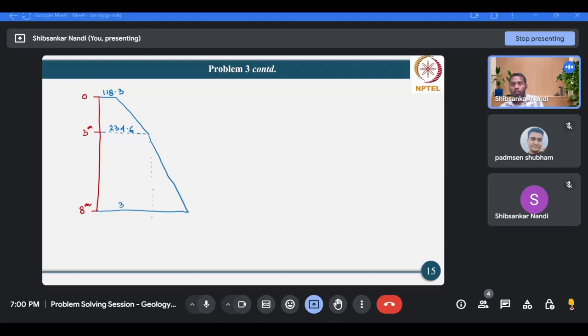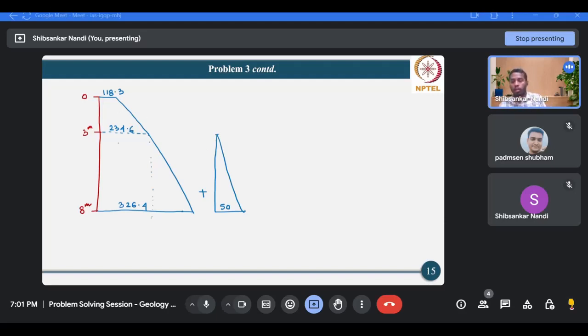So this is 326.4 plus this water part, that is 50.